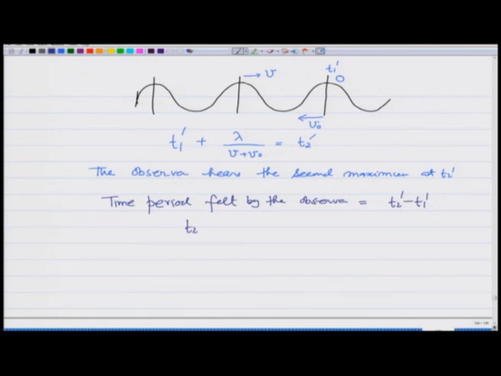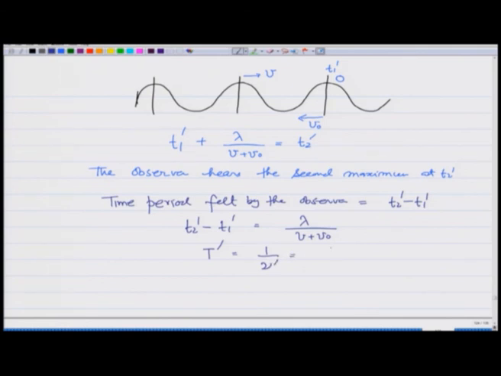So, t2 prime minus t1 prime from the equation above comes out to be lambda divided by v plus vo, and this is t prime, which is 1 over nu prime, where nu prime is the frequency that the observer feels.